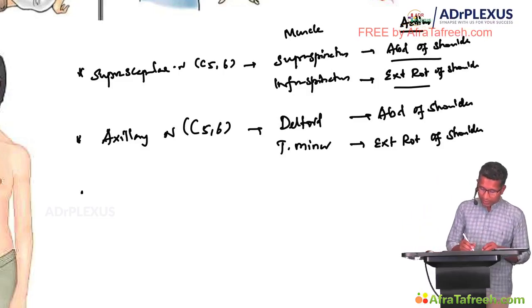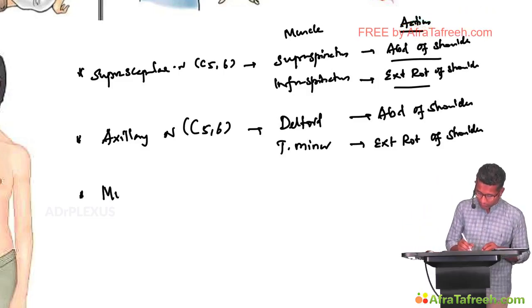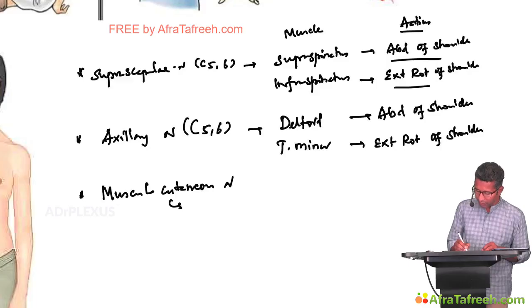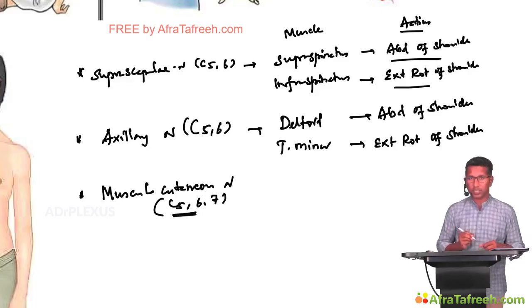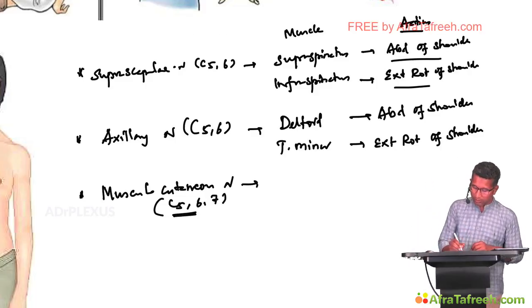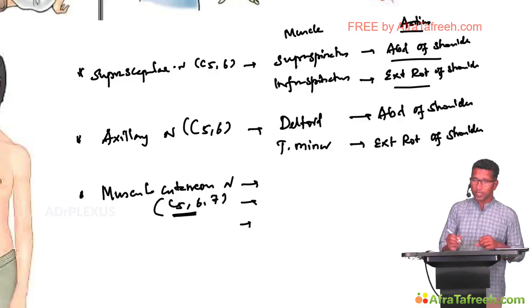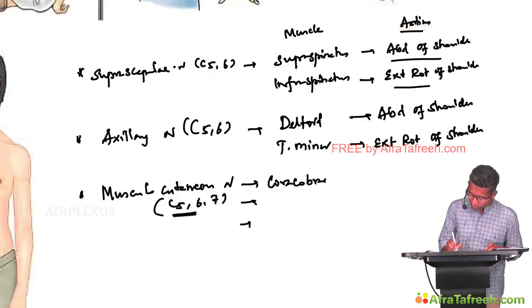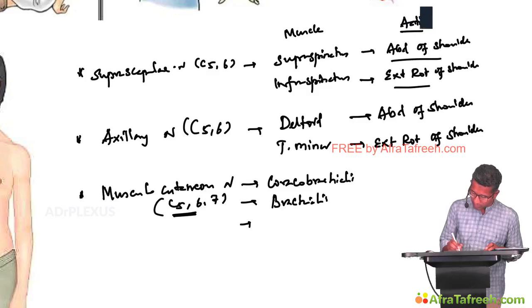The next nerve involved in this is the musculocutaneous nerve. Though the root value is C5, C6 and C7, the main root value is C5 and C6. The musculocutaneous nerve supplies 3 muscles: coracobrachialis, brachialis, and biceps brachii.